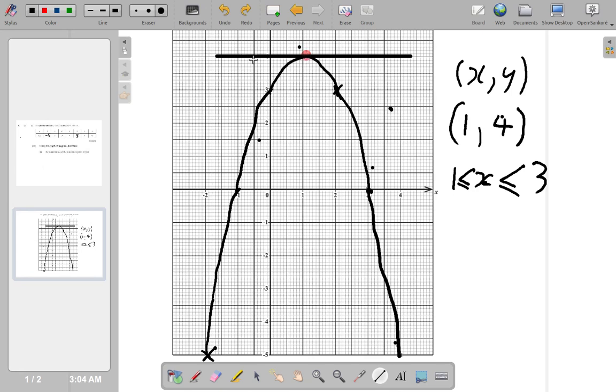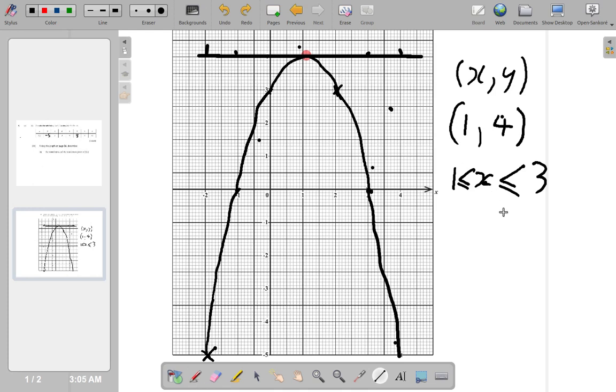Now this is a horizontal line and the gradient is the rise over run. If I make the run, say from here to here, I would have a value. Let me make the run from -2 to 4. How many units does it run?